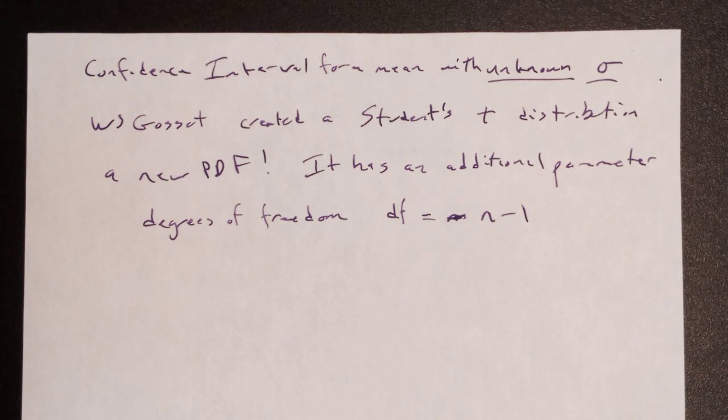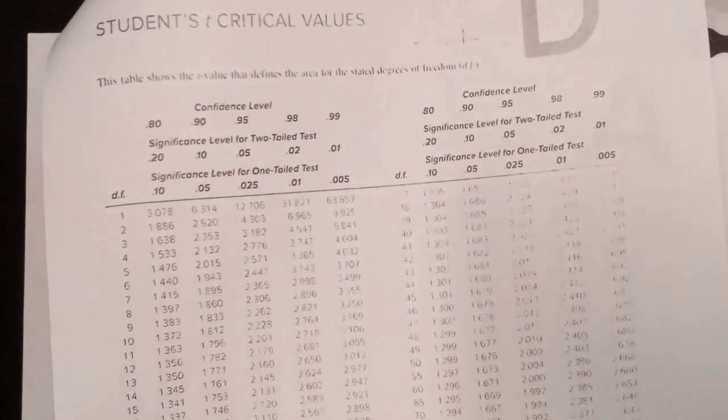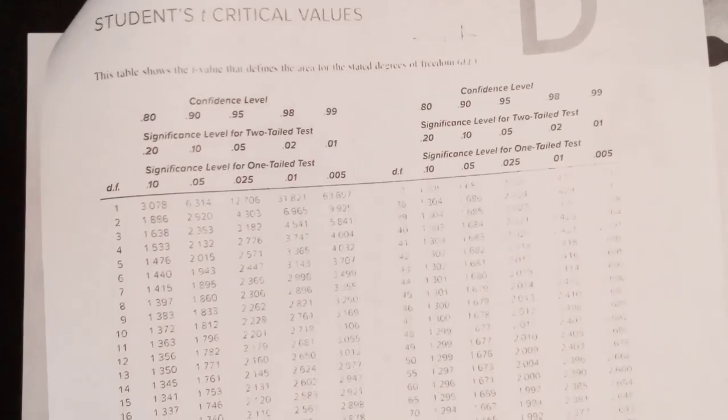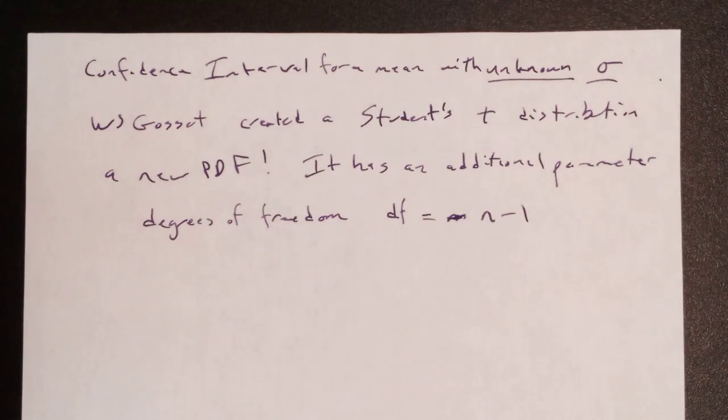And in Appendix D, you will find a student T table. And it just lists critical values. These are the numbers we're going to use based on our confidence idea. So I'm going to recreate confidence intervals. Well, instead of using Z values, I'm going to use T values.